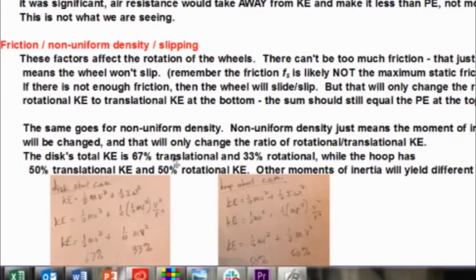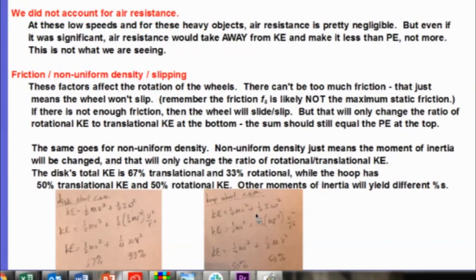And any other objects that have different moments of inertia, which would be due to their non-uniform density, would just yield a different split in the percentage. But the total amount should still be the same as the potential energy. Remember, conservation of energy is a steadfast rule.